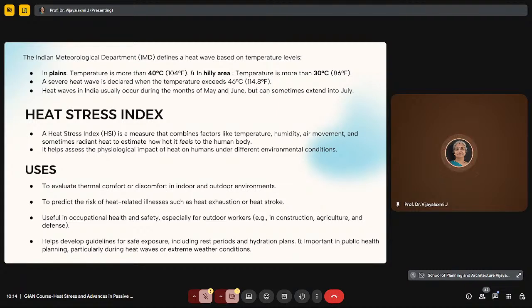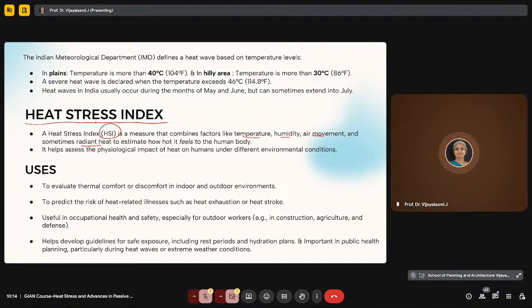So what is heat stress index? Now we are coming to the main part, which is heat stress index. So heat stress index, or HSI, is a measure that combines factors. Sometimes it's temperature, humidity, air movement, and radiant heat, because various measures consider various factors.